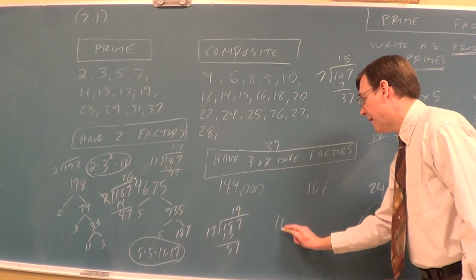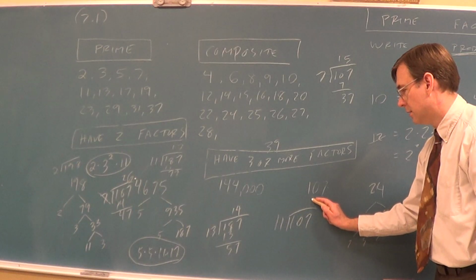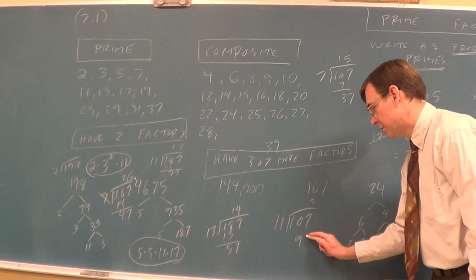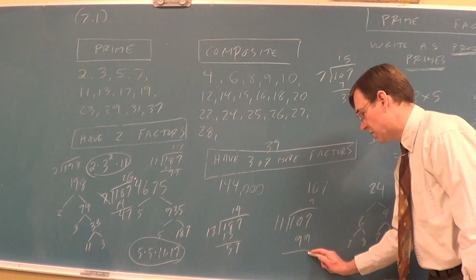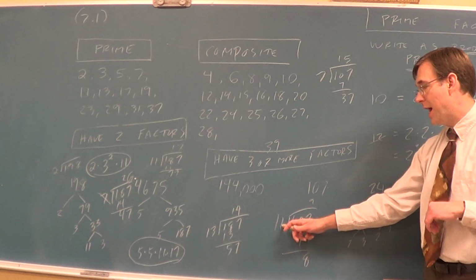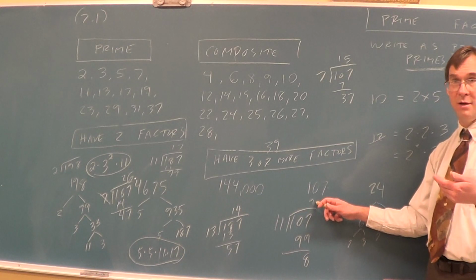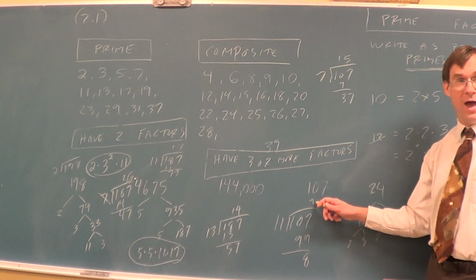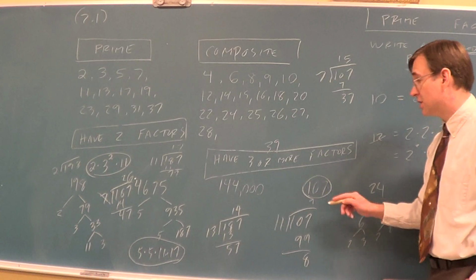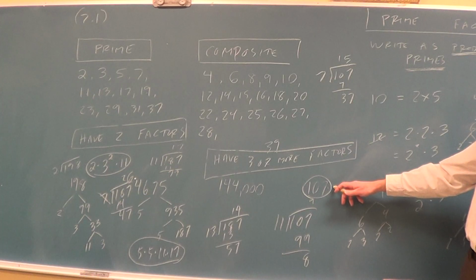If I check 11 with 107, that goes in 9 times, which gets me 99, which gets me a remainder, which means 11 doesn't work, and the highest I needed to check was 9, and I'm already beyond that, so you're done. Get out of it and be done. 107 is the answer. 107 is prime, and we can bail.